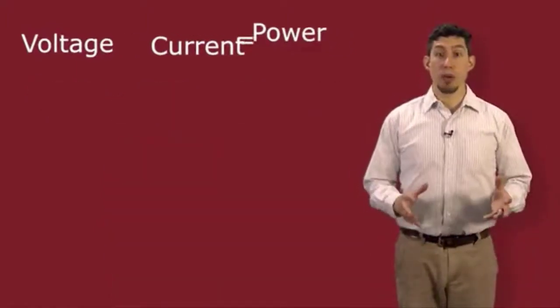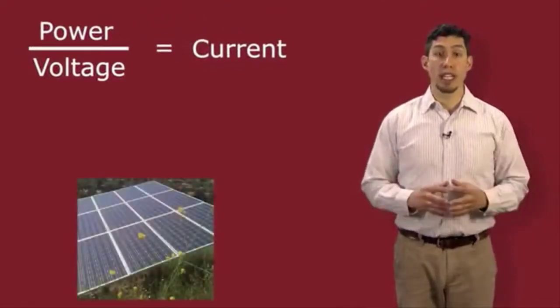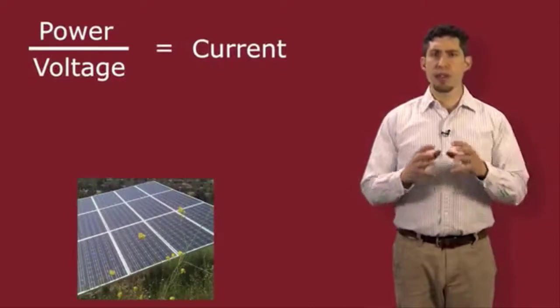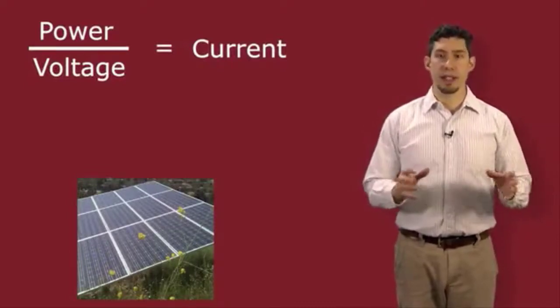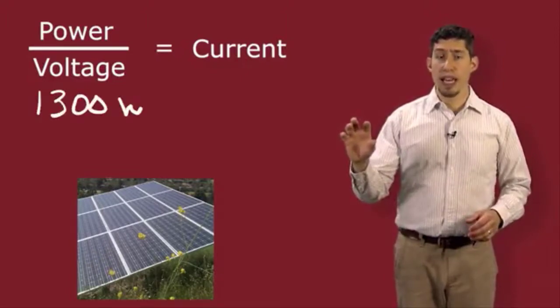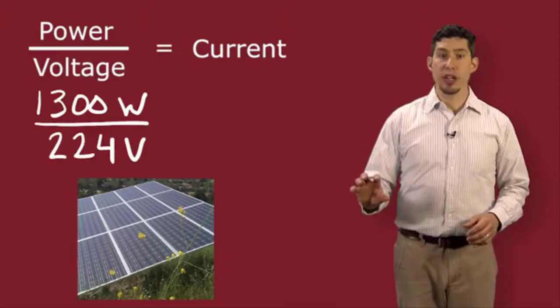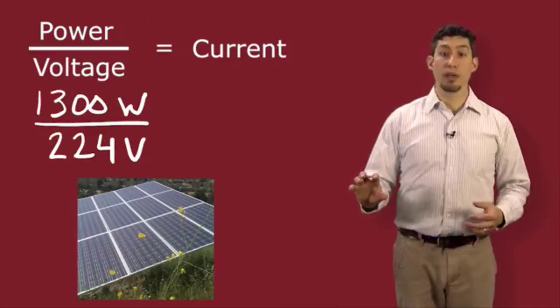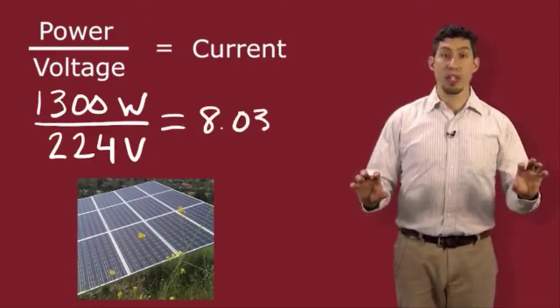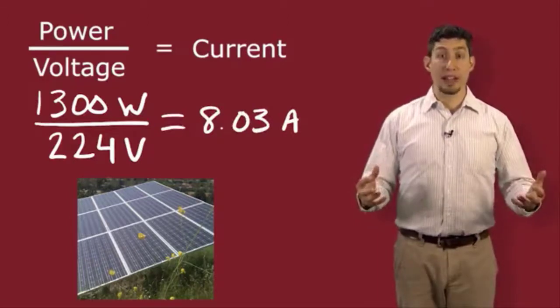A third example, which just moves around the variables, would be to look at a whole photovoltaic string, which would be just several photovoltaic modules wired in series. If that system produces 1,300 watts and outputs 224 volts, divide those by each other, we can then figure out that the current flowing through the system is 8.03 amps. So there are 3 different ways that we can calculate power.